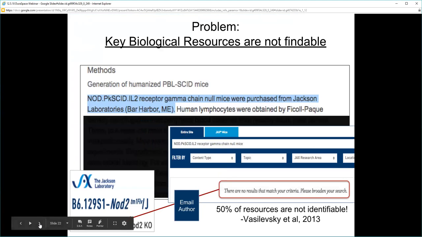And if you notice there, the name of this mouse from Jackson Laboratory is actually B6129S1-NOD2 TM1FLV/J. Just rolls off the tongue, right? So you can see some of the characters are almost the same, but really they're not. So that's the name of the mouse, and the nickname of the mouse is being used by the author.